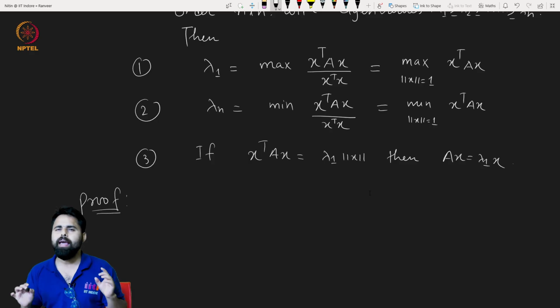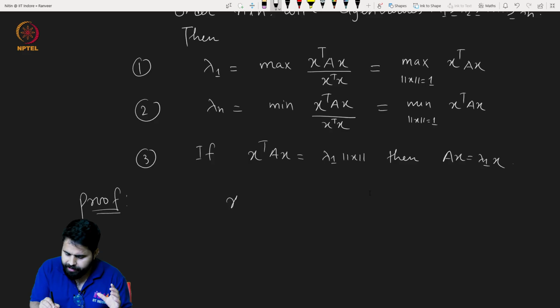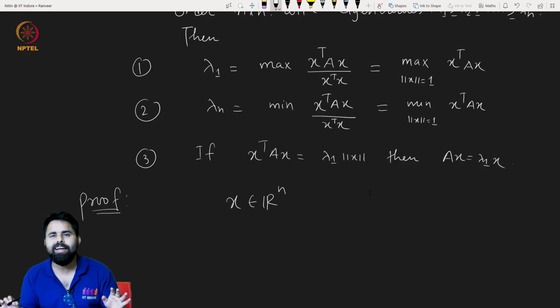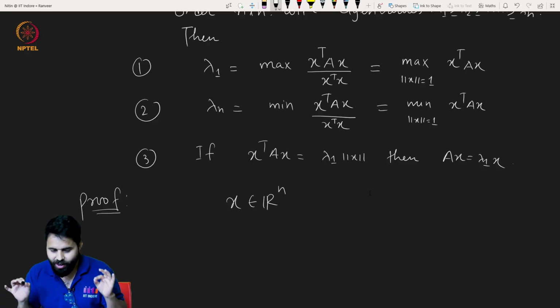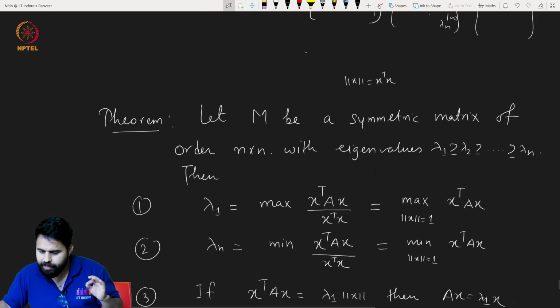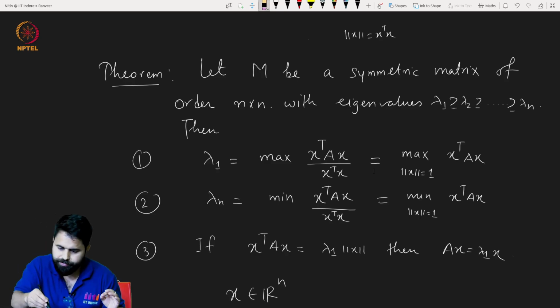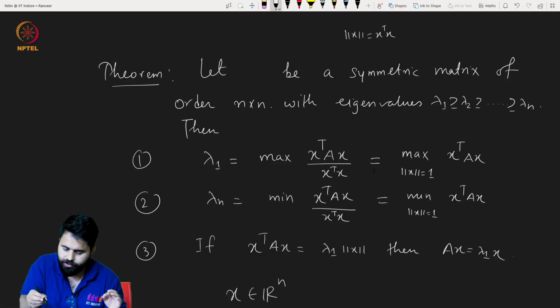That means any vector which belongs to R^n can be written as a linear combination of eigenvectors of M. Here I am using A, so let me write it as the matrix A. Sorry about that.